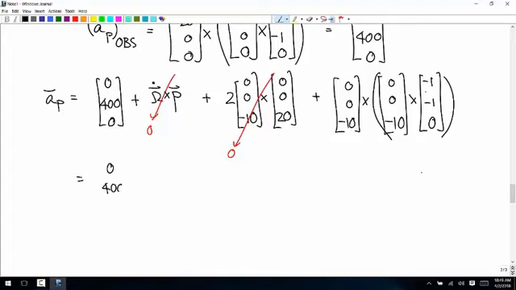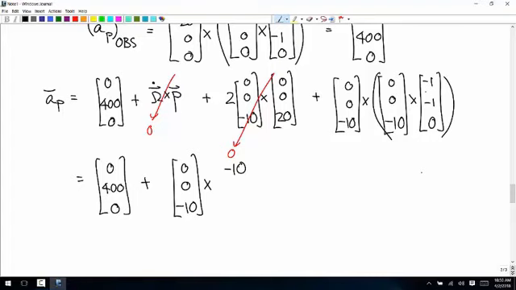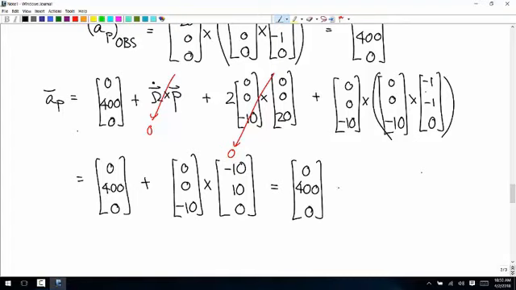That's 0, 400, 0, plus 0, 0, -10 crossed with -10, +10, 0, and so that is +100, +100, 0.